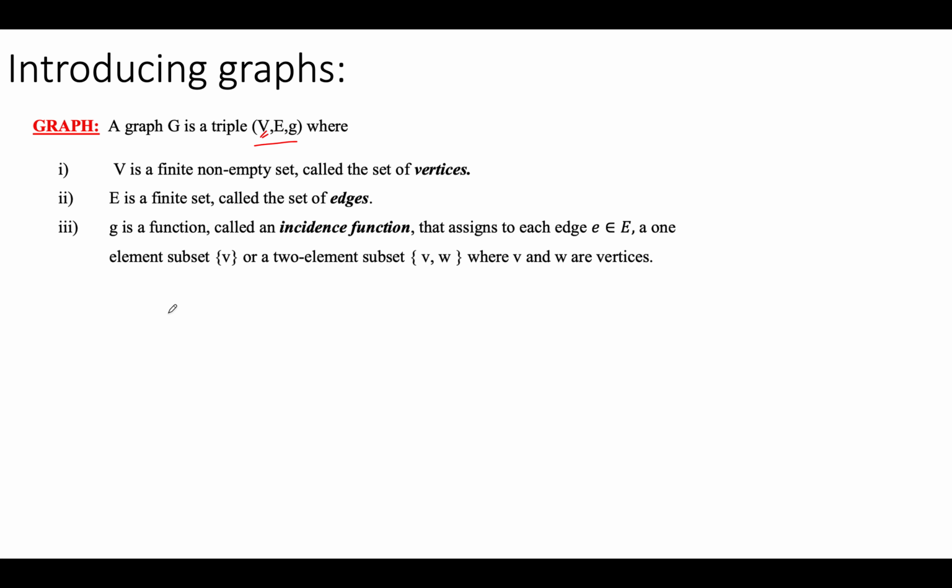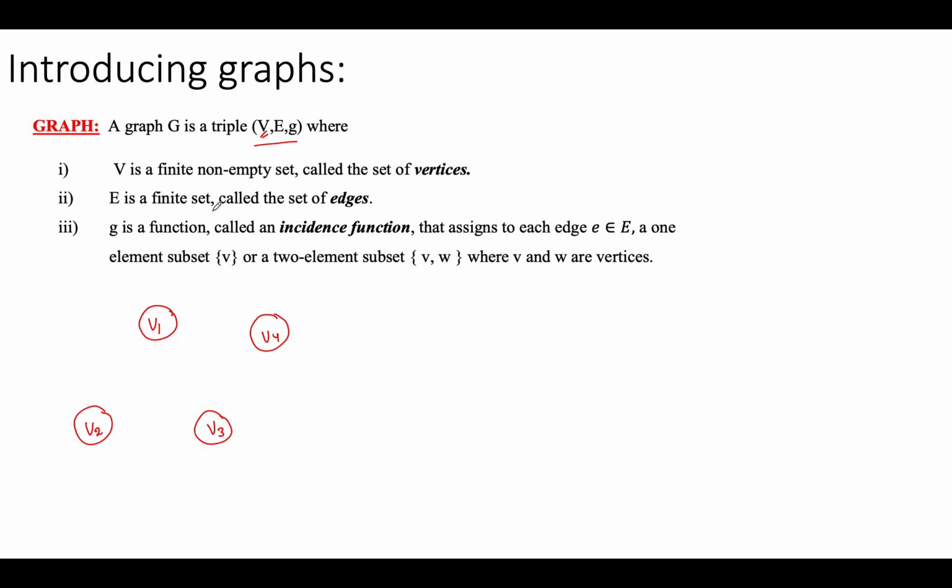Let's see an example here. In case I have this graph with those vertices, we can label the vertices with names. So here we can have V1, V2, V3, and V4.